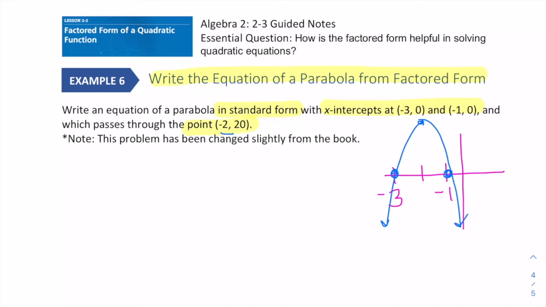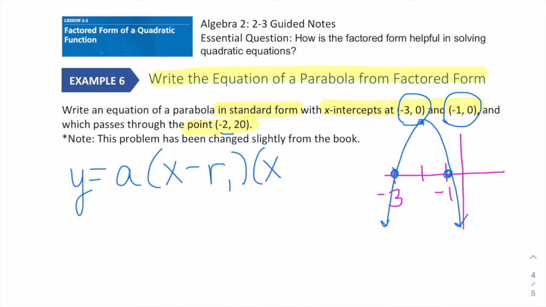So in factored form, we're going to have to use those zeros. So remember, the equation is going to be a times x minus the first zero times x minus the second zero.